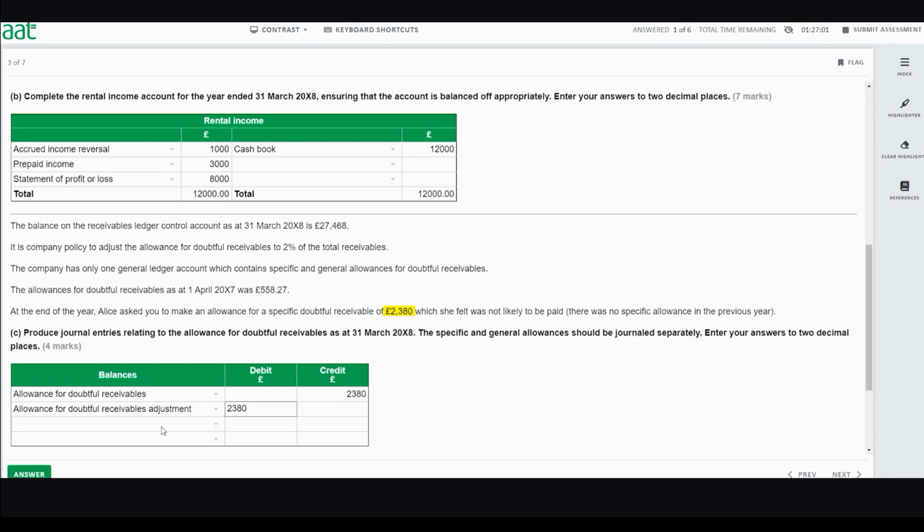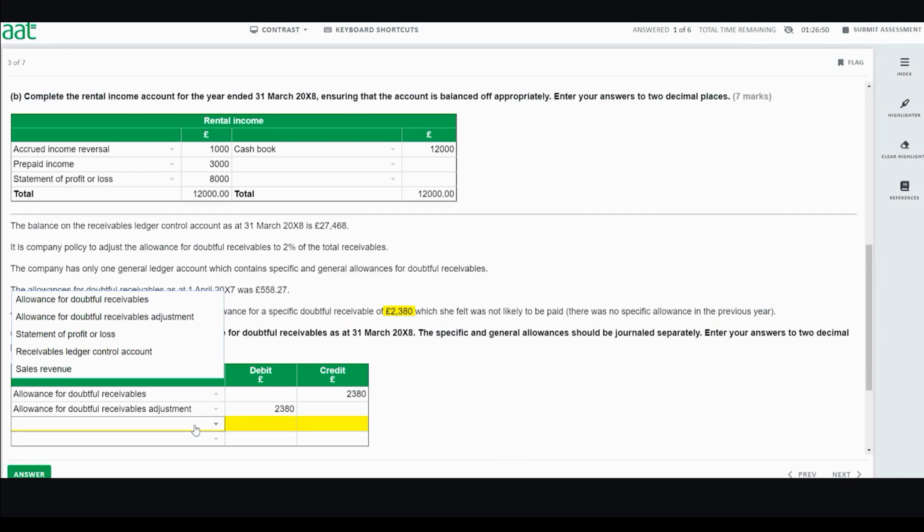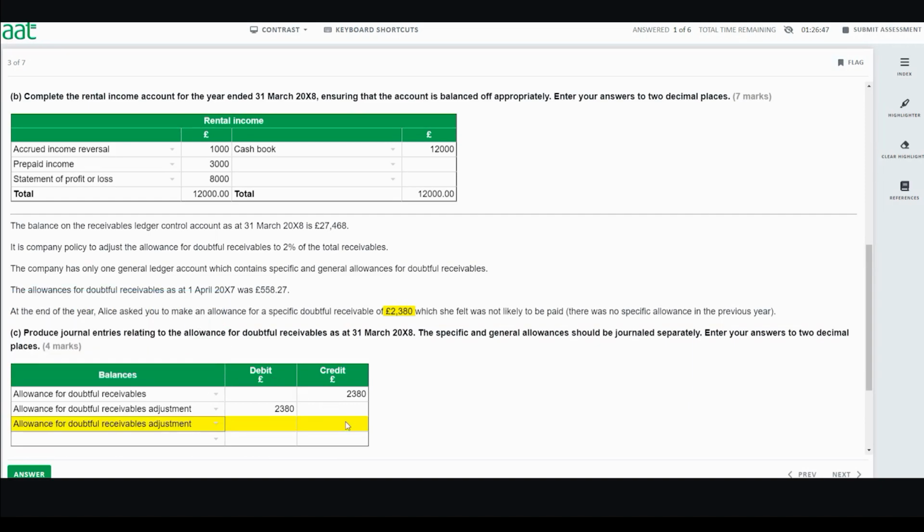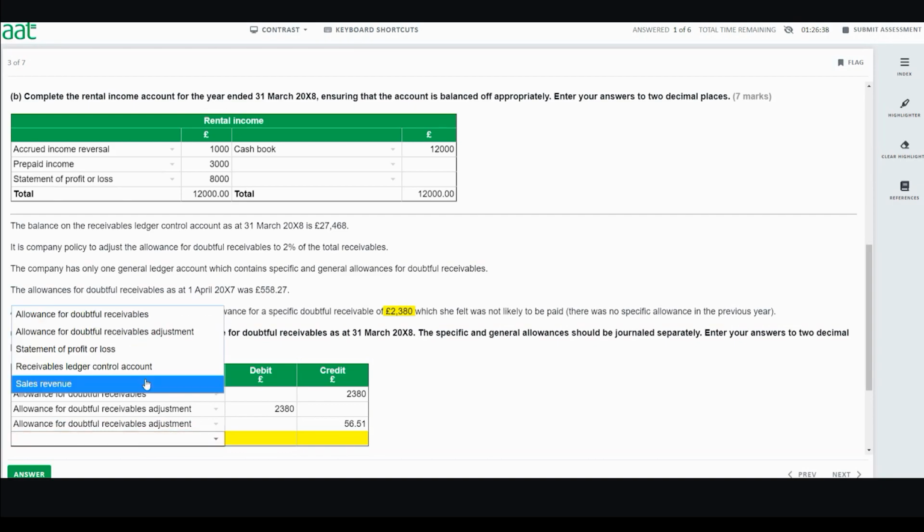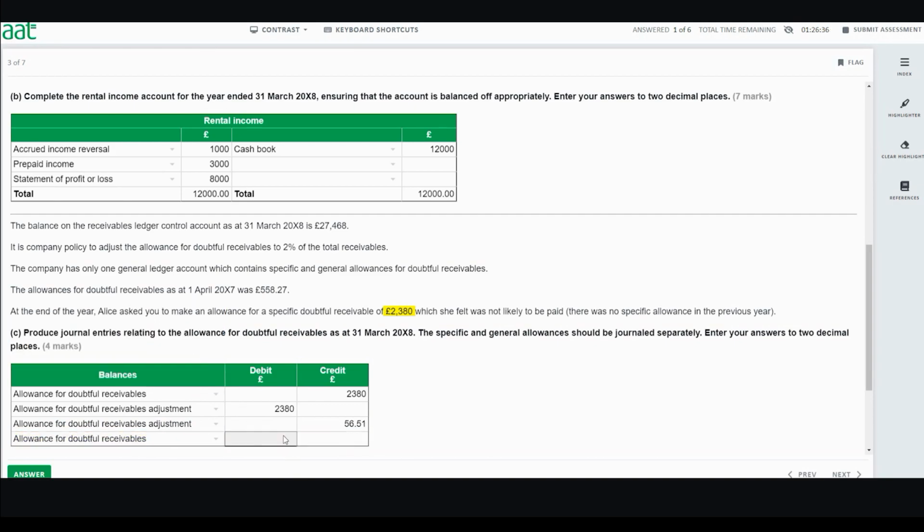Then we're going to deal with the additional bits. Because it's been reduced by £56.51, we need to do an allowance. So I'm going to do allowance for receivables adjustment first, because I need to reduce it by £56.51. Which means my allowance for doubtful receivables in my statement of financial position will be adjusted by £56.51.